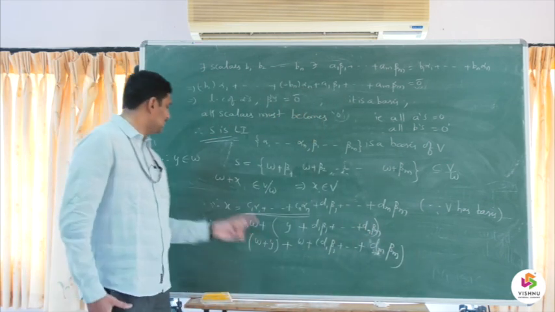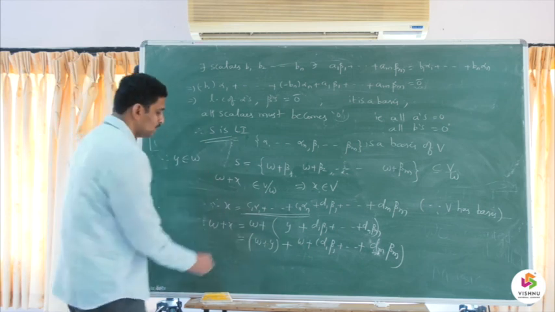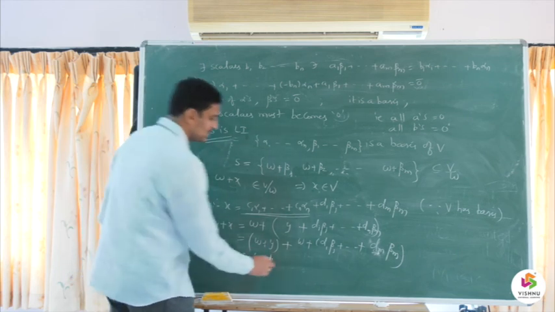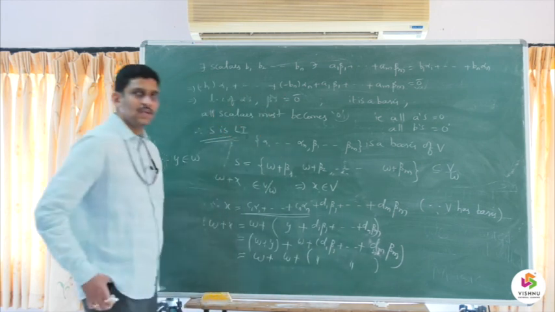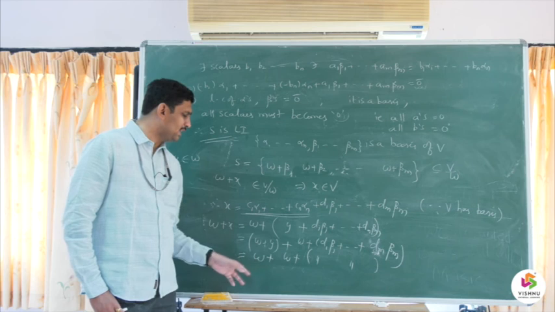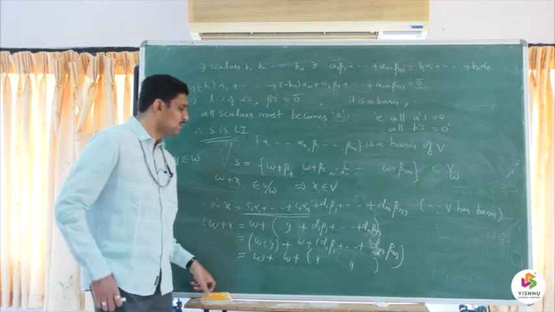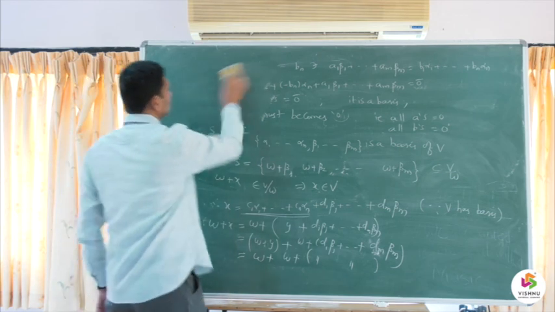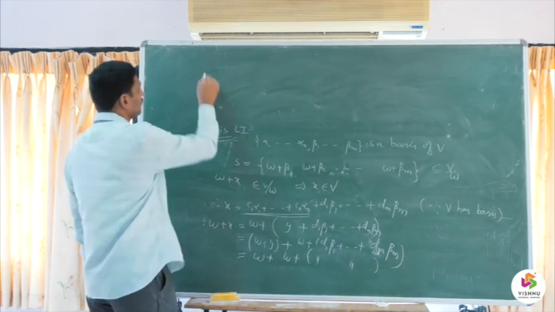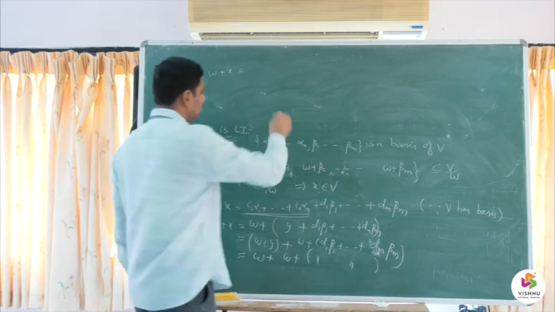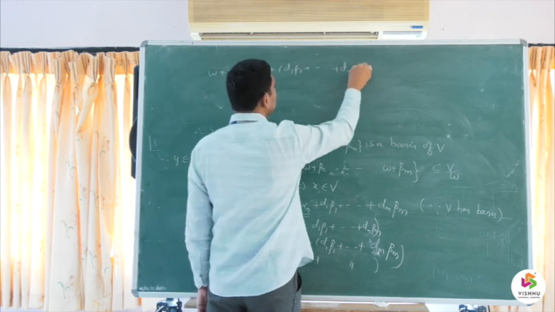Again, since Y is an element in W, Y plus W is nothing but W. So this is nothing but W plus, again W plus this entire value. Please understand, whenever you are adding the cosets, it is just like the set, there is no change. So W plus W is nothing but again W. So the output you get here is W plus X is equal to W plus D1 beta 1 plus so on plus Dm beta m.